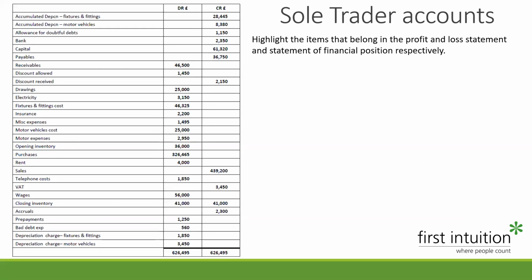We need to now split this into the correct statements. What is going in the statement of profit and loss? What is going in the statement of financial position? So I'm just going to pause for a minute. I'm going to let you guys write them down. You don't have to do them all in that 60 seconds, so please don't streamline through it and panic. And then we're just going to run down them.